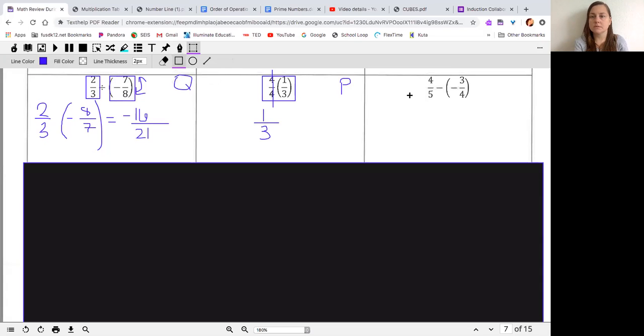Box our terms. 4 over 5 and negative 3 over 4. Let's see. So 4 and 5, they do not go into each other. I need to multiply them by the opposite one.